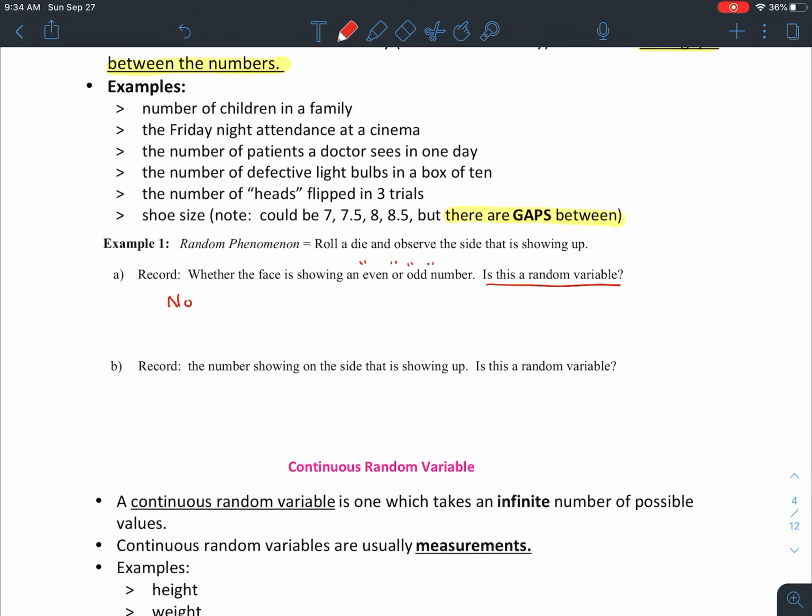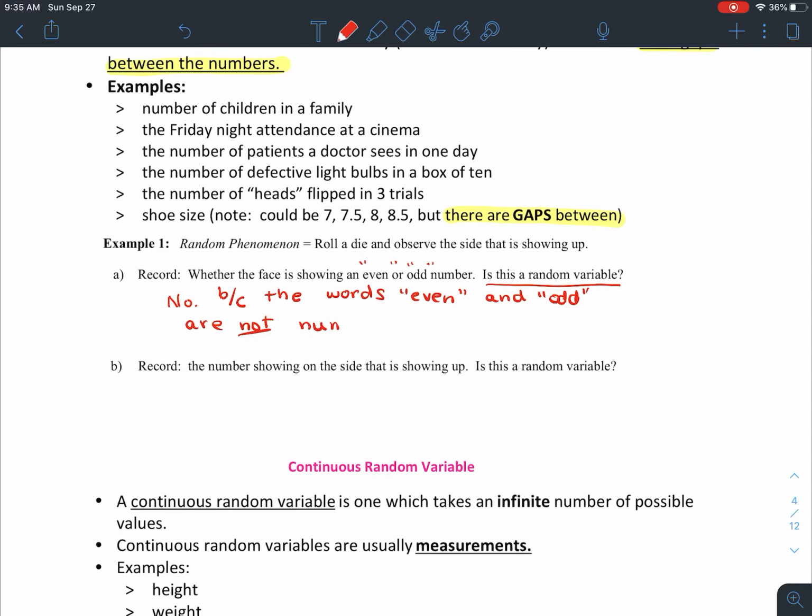So we're not recording what the number is, we would be reporting whether the number is even or odd. The question is, is this a random variable? We're going to respond that it is not a random variable because the thing that we're reporting is actually a word. It's not numeric. It's not quantitative, and random variables are quantitative.